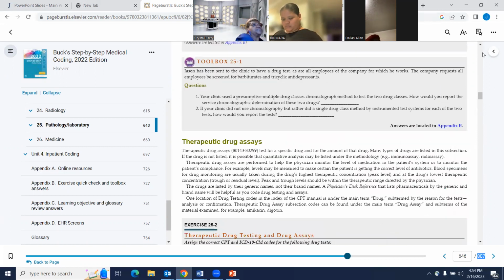Next. In the pathology laboratory section of the CPT, drugs are listed by their blank names. I shouldn't have to read this, huh? Brand name or generic name? Look at generic name.